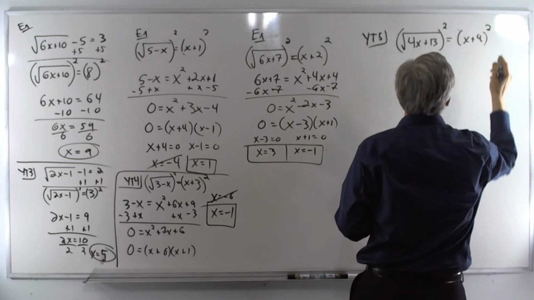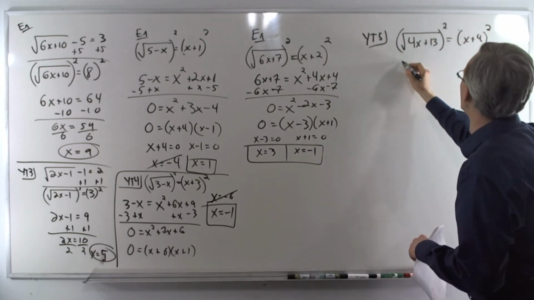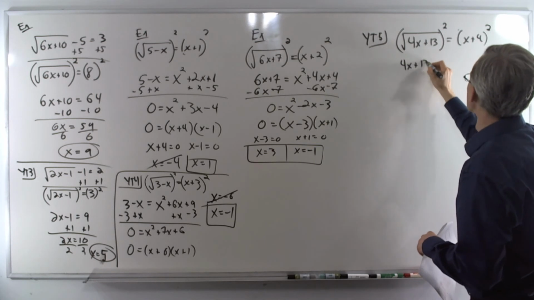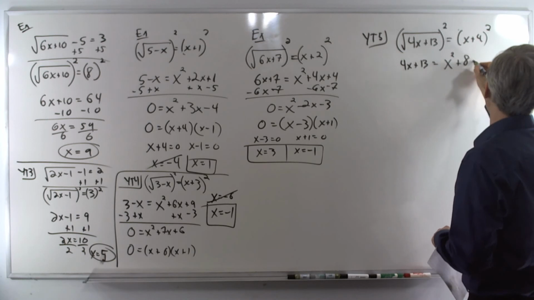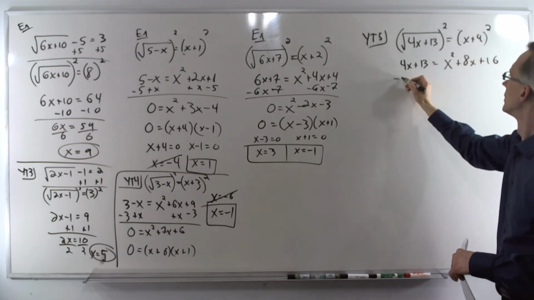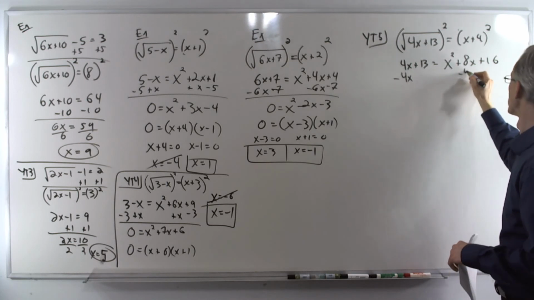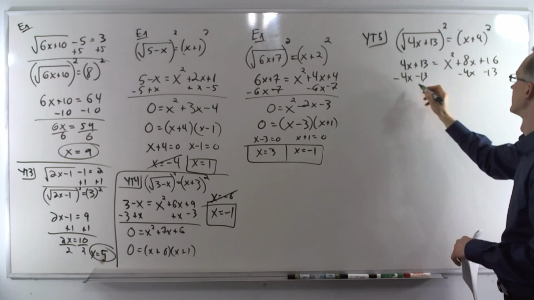All right, we're going to square both sides. That gives us 4x plus 13 equals, we're going to square this to get x squared plus 8x plus 16. We get everything to the right, so let's subtract 4x from both sides and 13 from both sides.